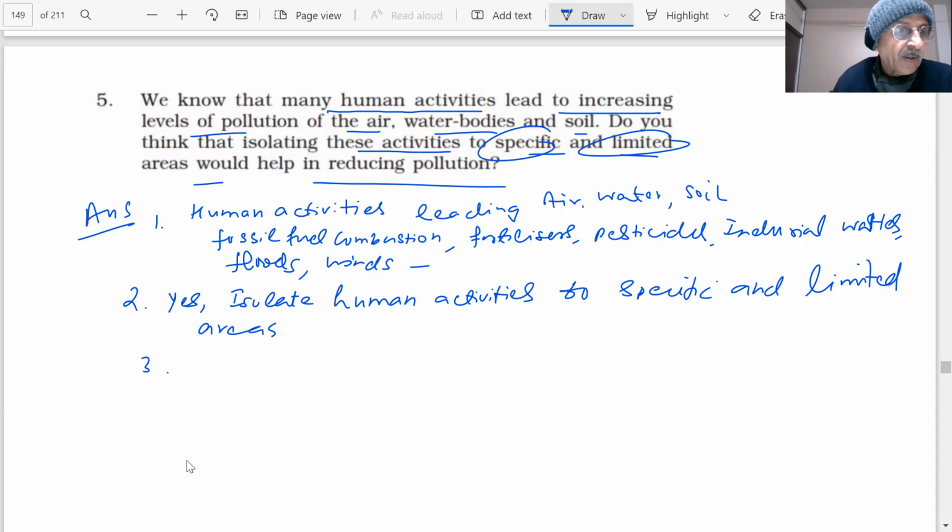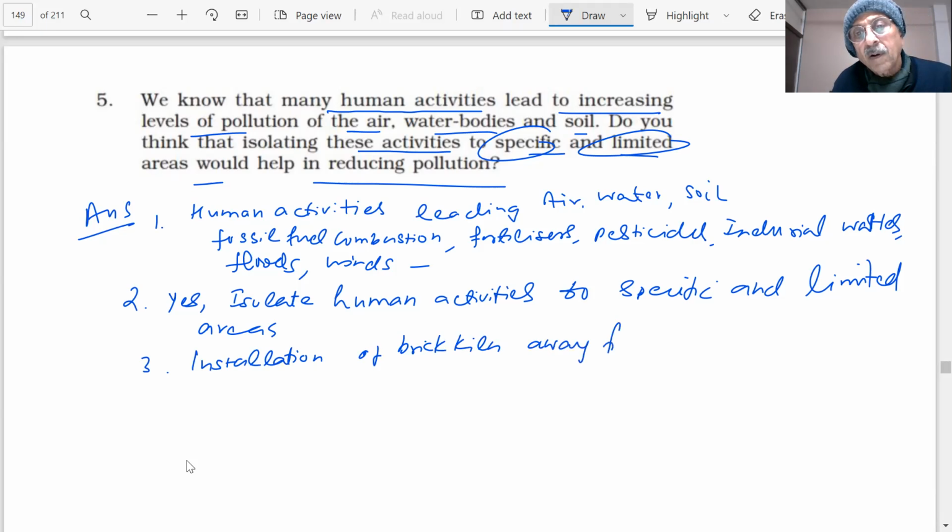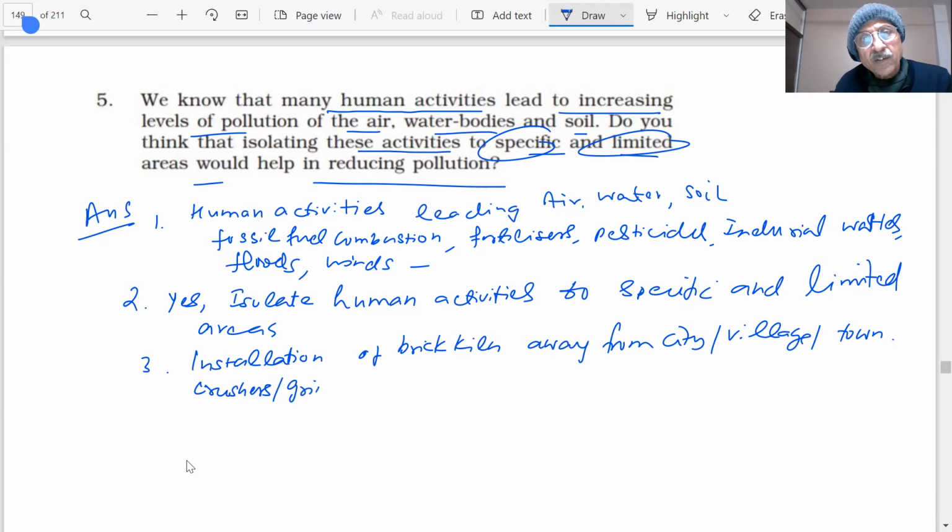For example, what is done? Installation of brick kilns away from village, away from city, village, town, and there are certain crushers, grinders, take them away from city, village, and towns.